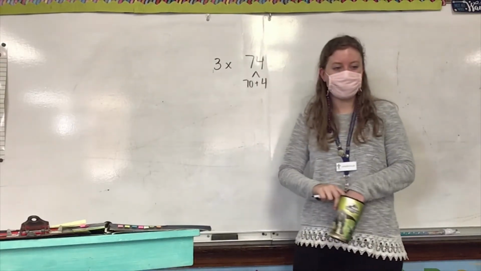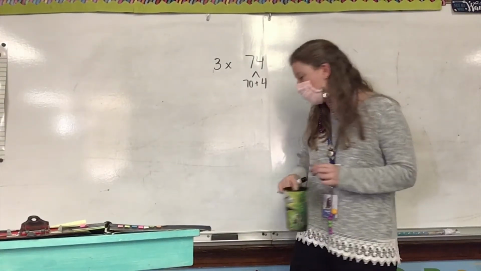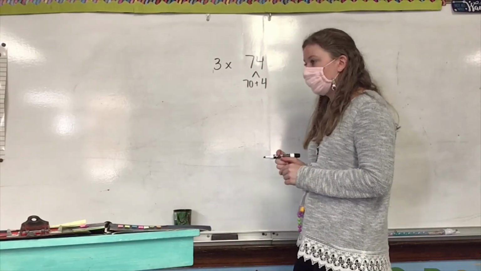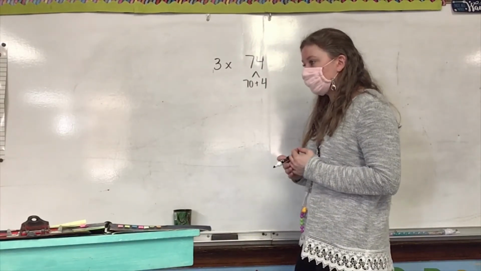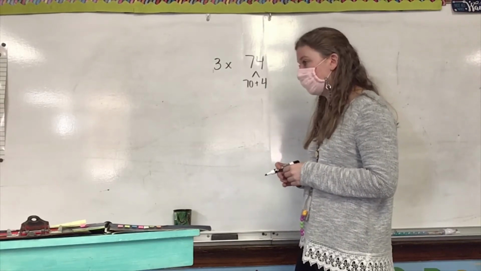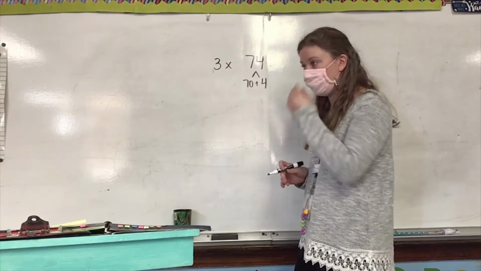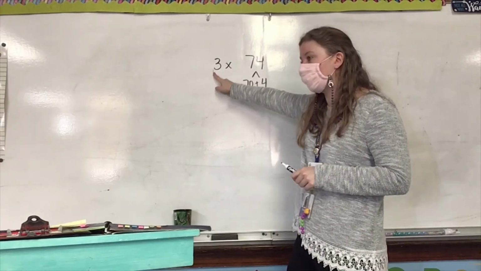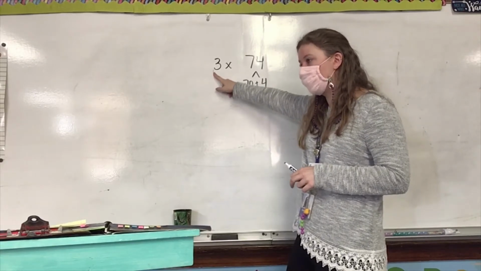Okay, so now we know our larger factor in expanded form. Aaron, what do we do next? We take the smallest factor and we multiply it by... So we take our smaller factor and we multiply it by what?